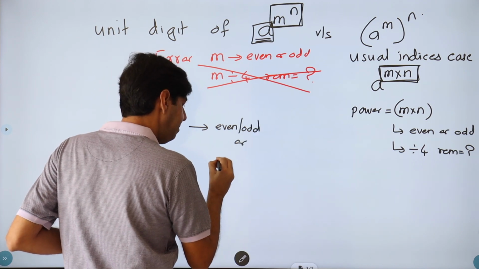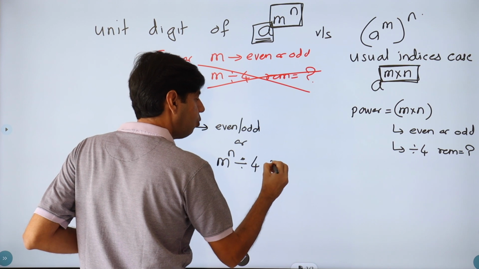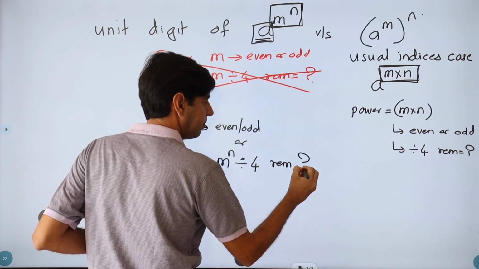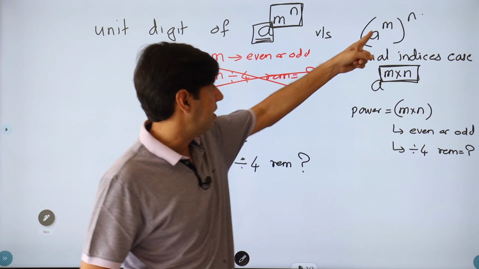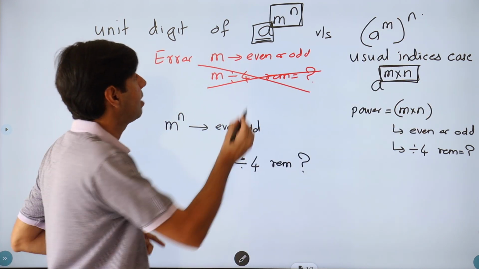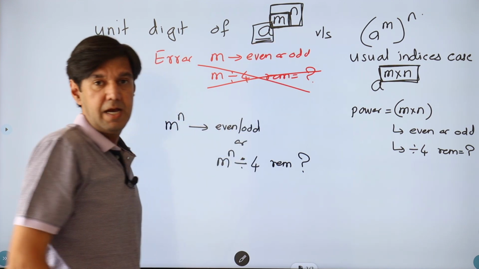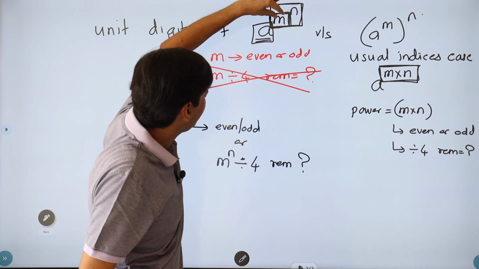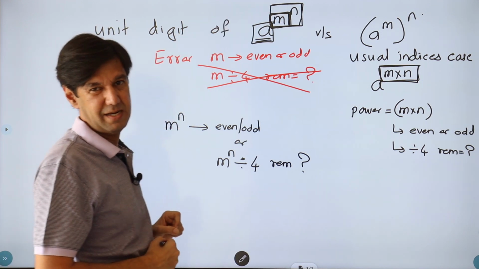Or take m raised to n, and this whole number divided by 4, what is the remainder? Be very clear: in this case it's m into n, whereas here it remains m raised to n, but in no case are you going to use just m, students. You cannot isolate that n and just say that the power is m. That is a very elementary error, students.